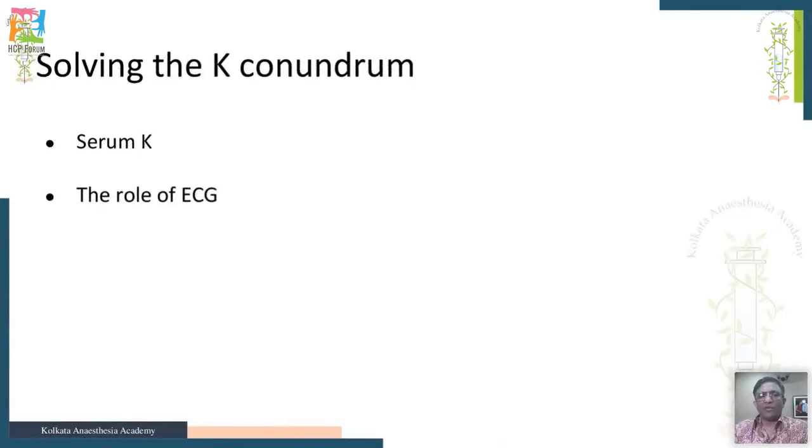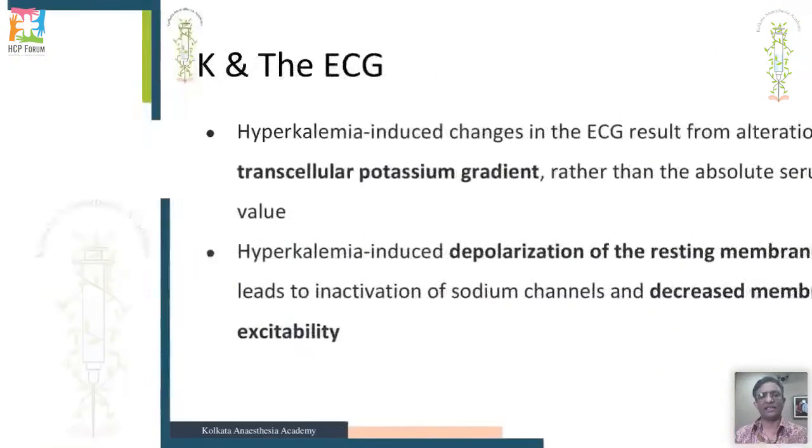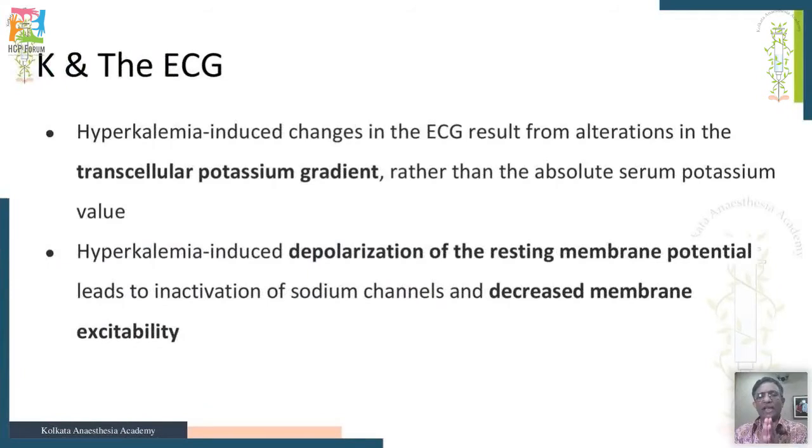So to solve the potassium conundrum, we throw another hat in the ring, which is the role of the ECG. And we know that how potassium influences the ECG is not by the absolute serum potassium value, but the transcellular potassium gradient.